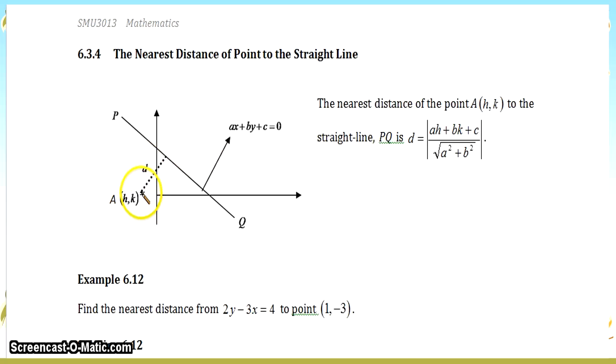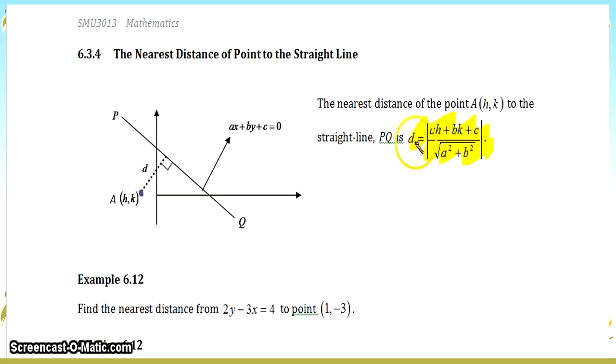And we have a point, label this as point A, and the coordinate of this point is (h, k). So to find the distance from point A to line PQ, where this distance is perpendicular to line PQ, the distance is given by this formula.